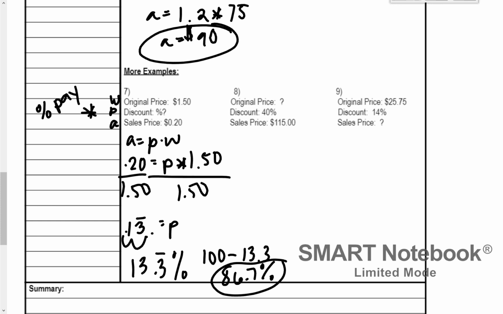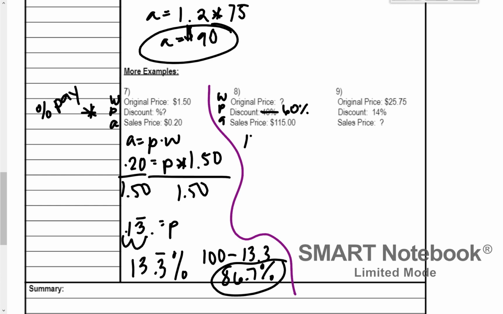All right, let's do number 8. Again, we have our WPA. This is our discount percent. Remember, we want the percent we pay. If our discount is 40%, we're paying 60%.